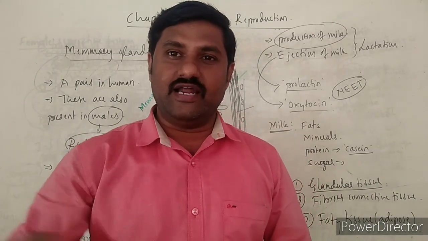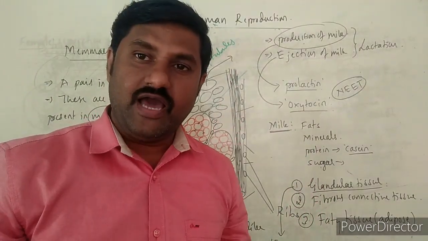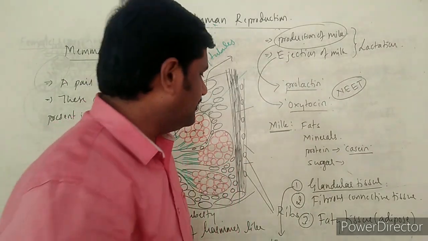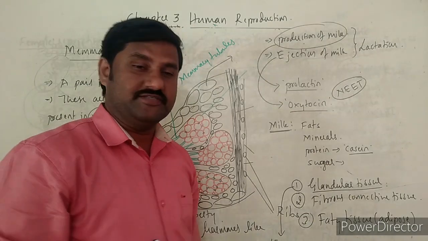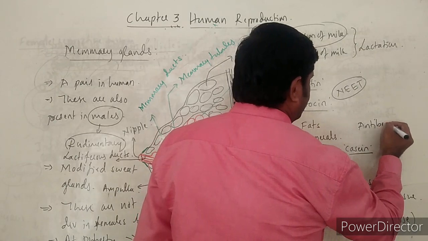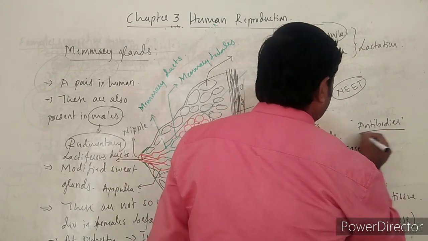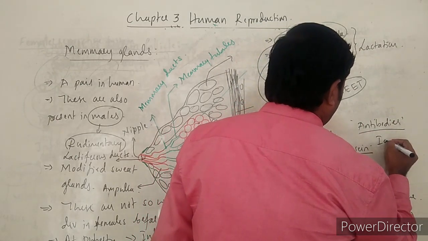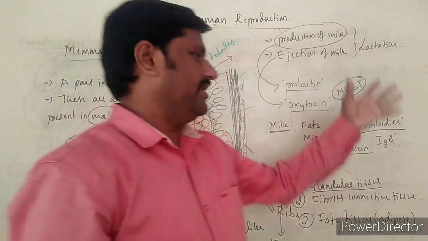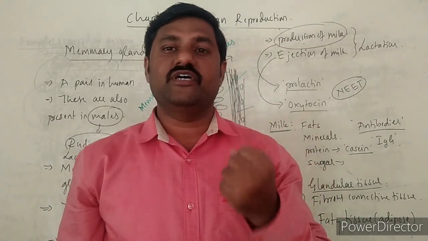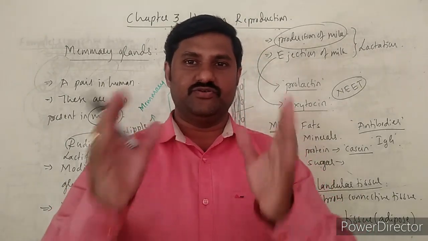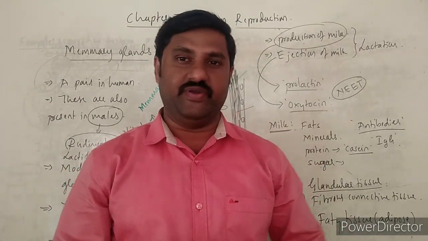It mainly contains antibodies, especially IgG type of antibodies. They form the defensive system in the baby. It is a kind of passive immunity that builds in the baby itself.